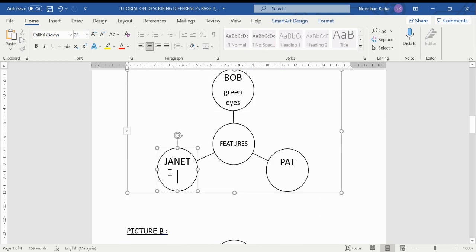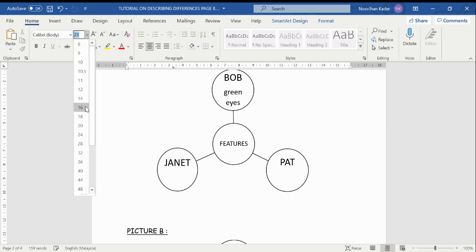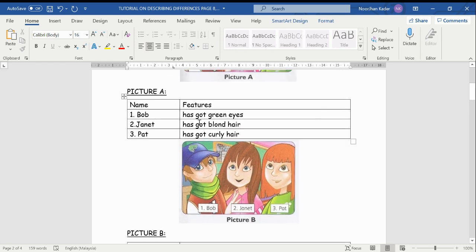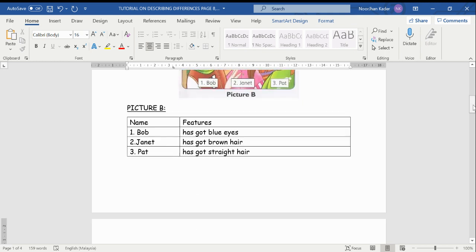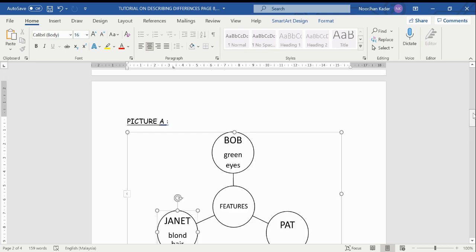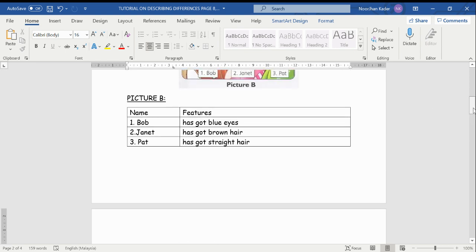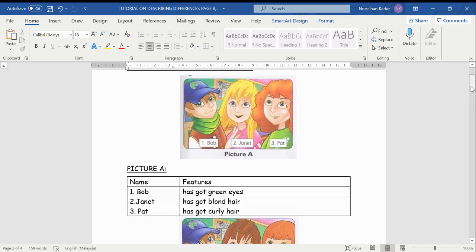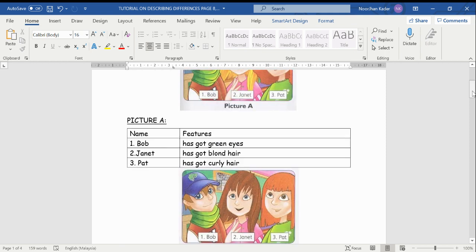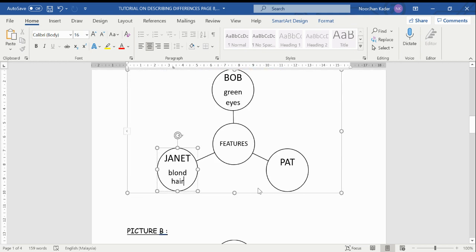So we'll go to Janet. Janet has got blonde hair. Okay, so we type here blonde hair. And lastly, Pat. In picture A, Pat has got curly hair. You see? So we write here curly hair.